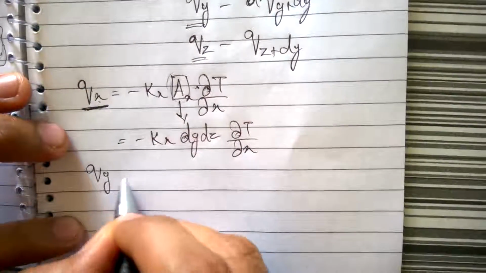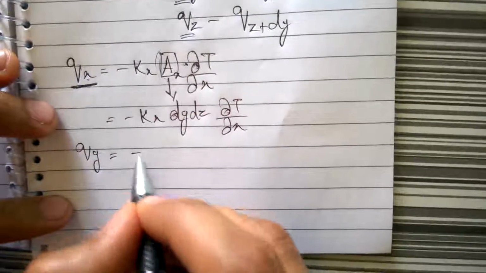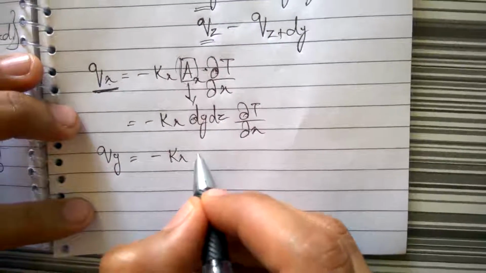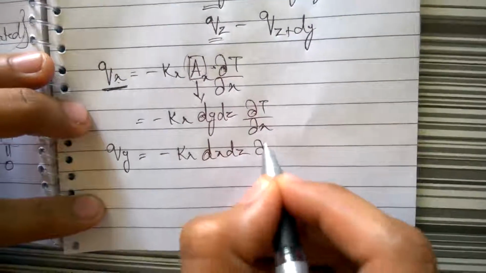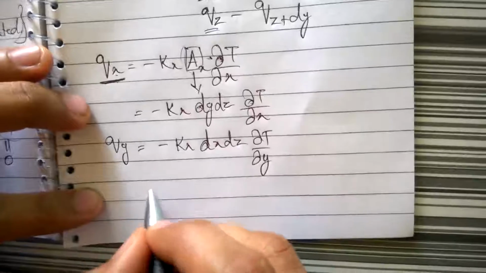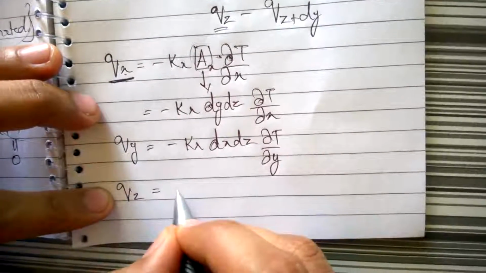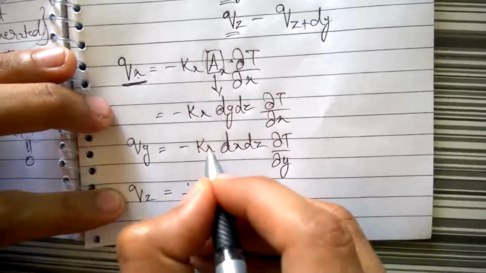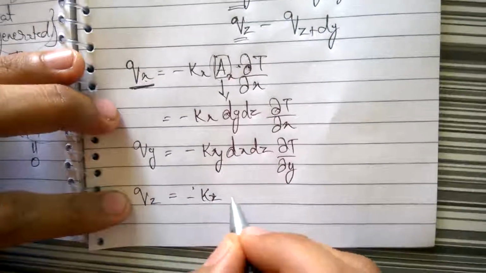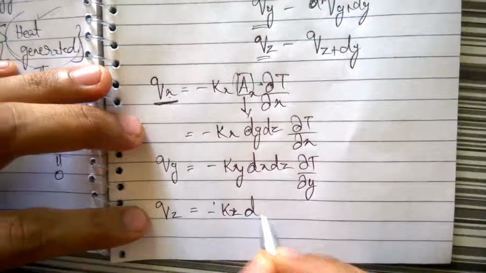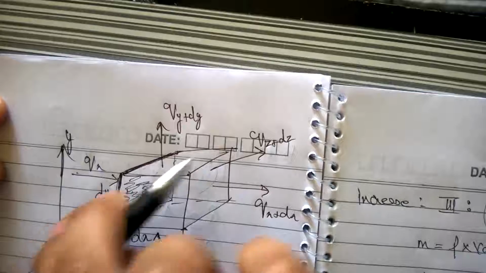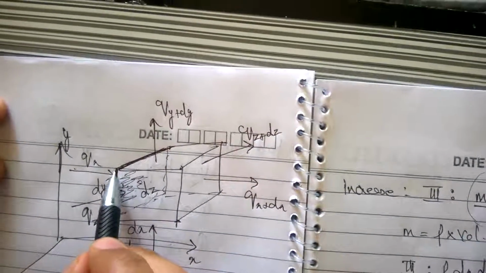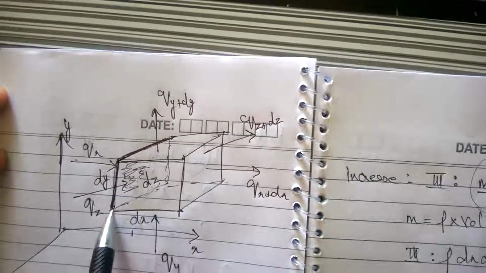Similarly, for Qy, you can write it in a similar fashion. You can write this as dx into dz into dT by dy, and Qz can also be directly written as minus Kz, and this is dx into dy. Because if you look at it, this is our z, it's into the paper, so this is the area that is normal to it.